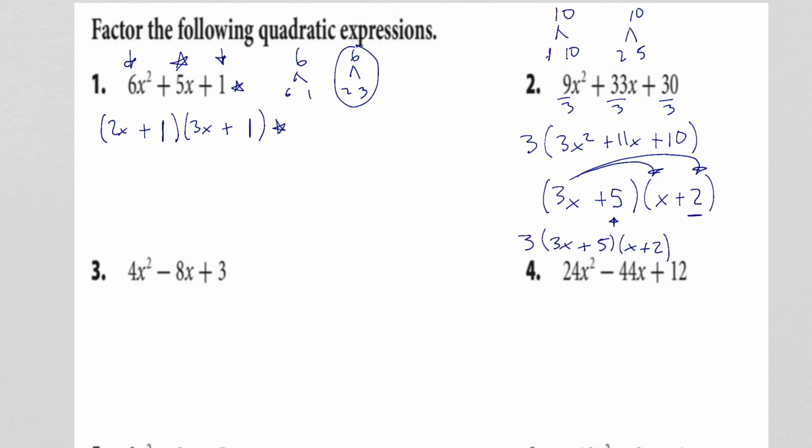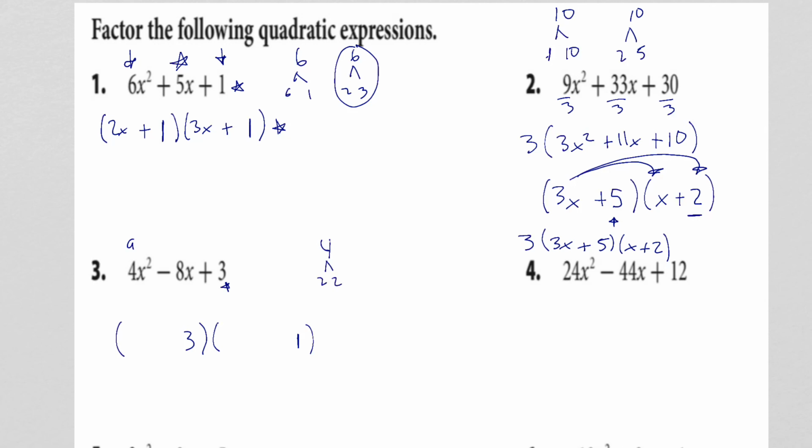So let's just keep plugging along here. And number 3, there's no common factor between 4, 8, and 3. But there is only one factor for 3, 3 and 1. So if I'm building my equation, I know one of these is going to be a 1, and one of them is going to be a 3. It's just the only option available to me. So then all I really have to concern myself with is the factors of 4, that A part.